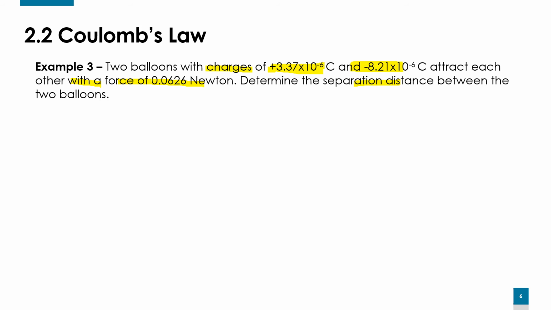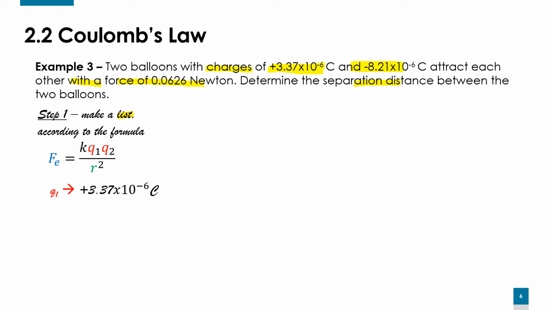Okay, first step. What's the first step? Tell me, so I can hear you. Yes. So step 1, a list. Make me a list. Remember the formula? So here I have two different charges. So for Q1, it doesn't matter which one you put as 1 and which as 2.